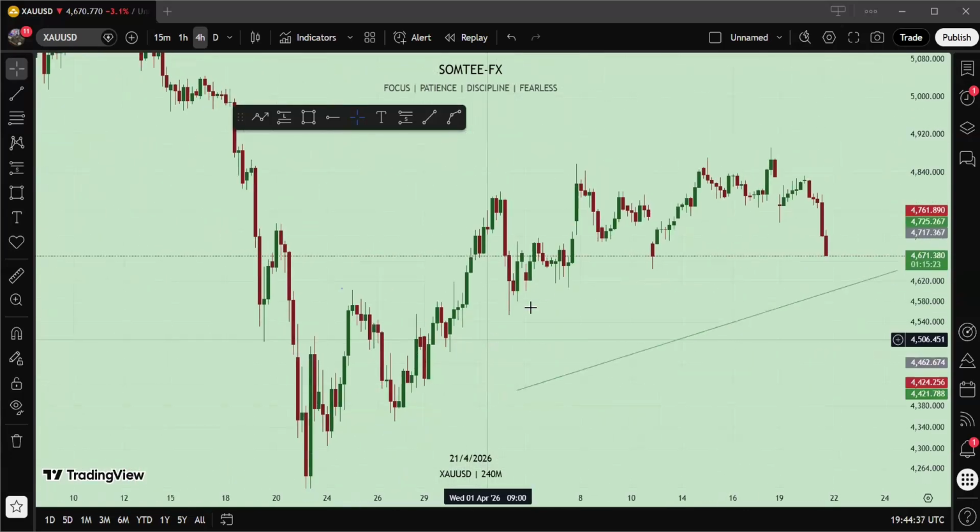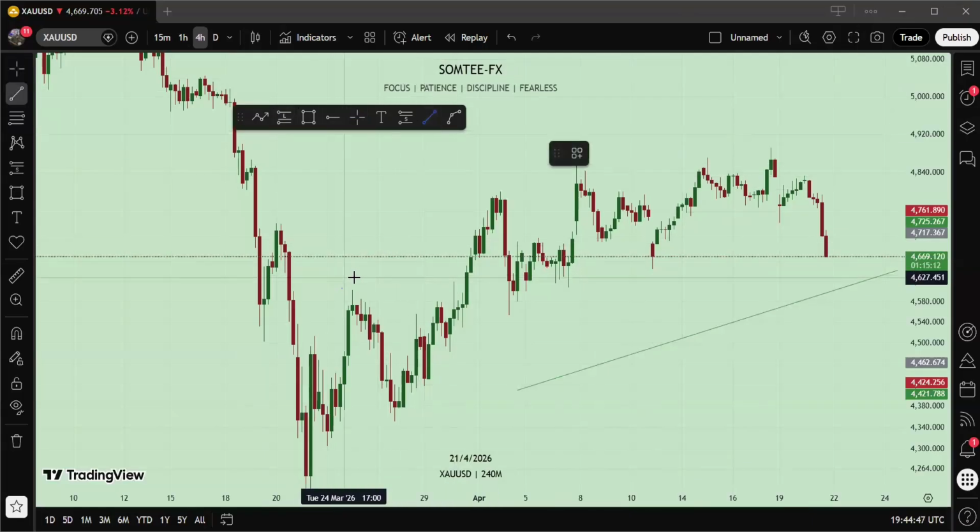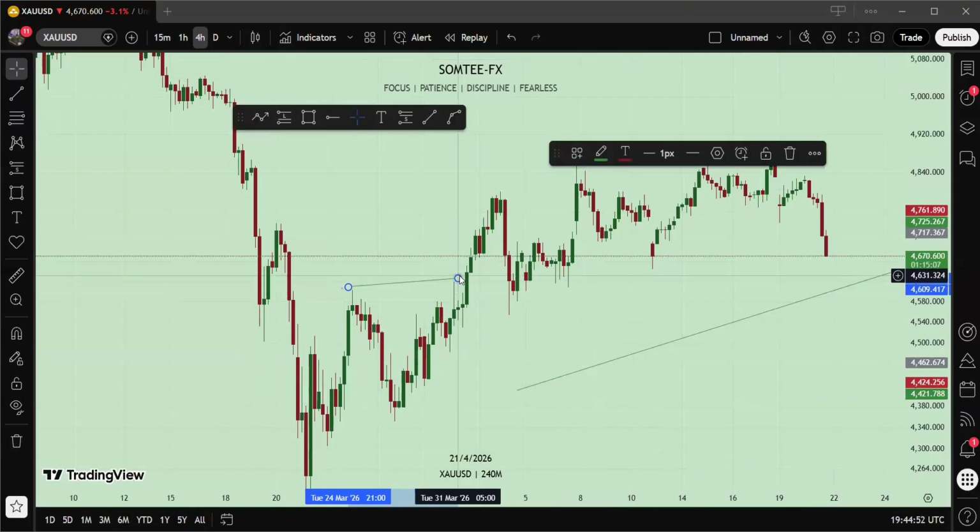Let me map this thing out so that people will understand what I've been saying. Where is that candlestick? Okay, so this is your break of structure.